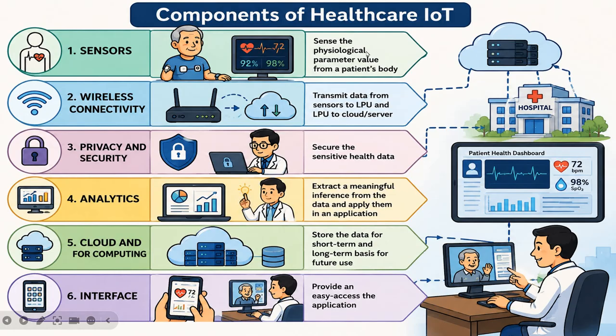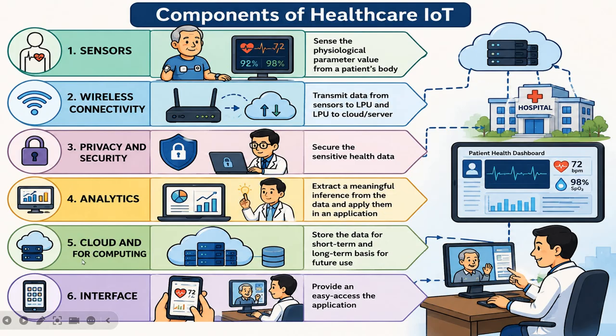First is a sensor, which will sense the physiological parameter value from a patient's body. Then comes the wireless connectivity that will transmit data from the sensors to the LPU and from the LPU to the cloud or the server. Third is privacy and security, which will secure the sensitive health data. Then comes the analytics that will extract meaningful inference from the data and apply it in an application.